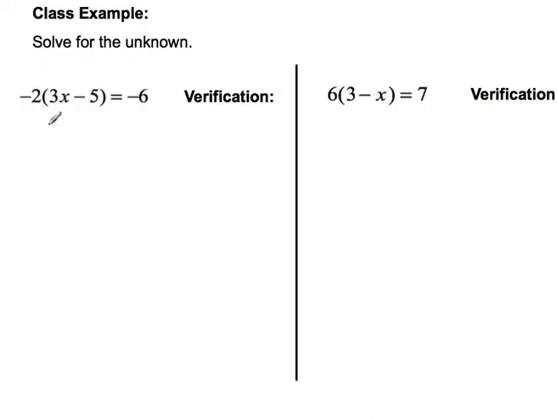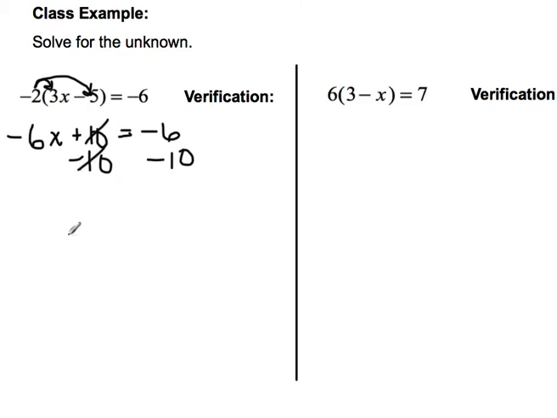So let's just do a couple here. So here we open up our brackets, and we get negative 6x plus 10, and that's going to equal negative 6. Now by opening up the brackets, it becomes a step 2 type of equation. So we have to zero that positive 10, negative 10.